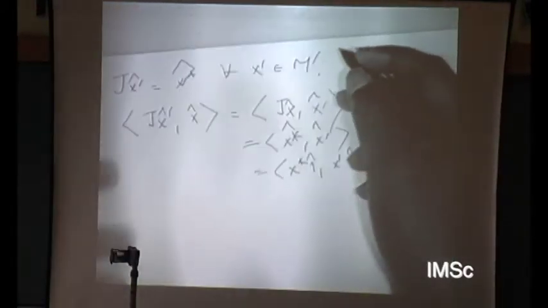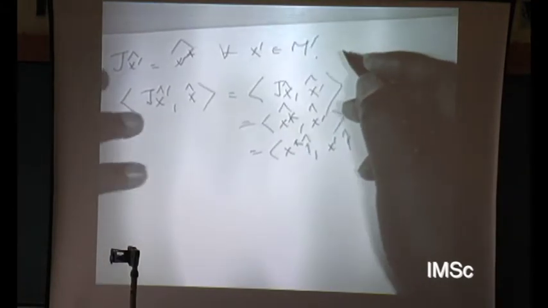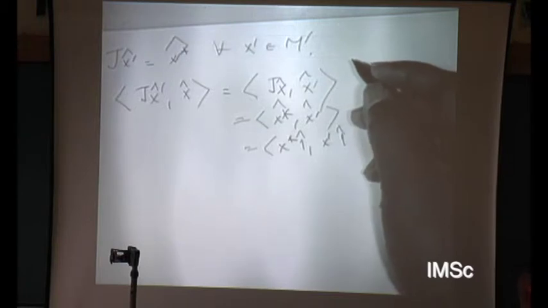Sorry, in all this I defined x hat only for things in M. X hat was the image of x in the map from M to M mod the radical of the trace.